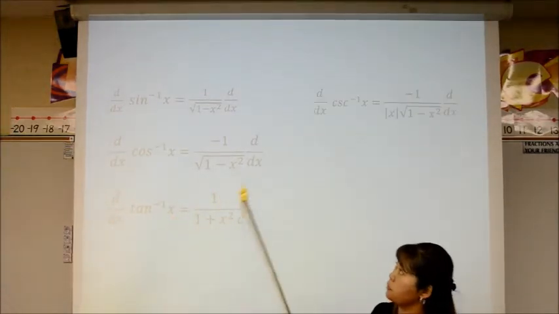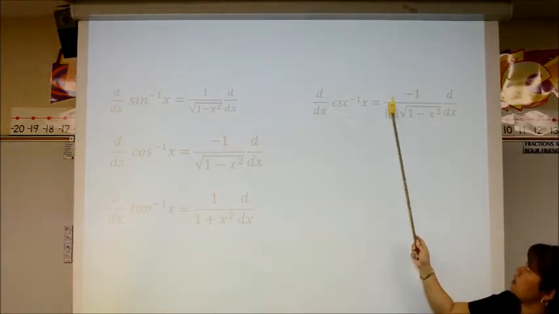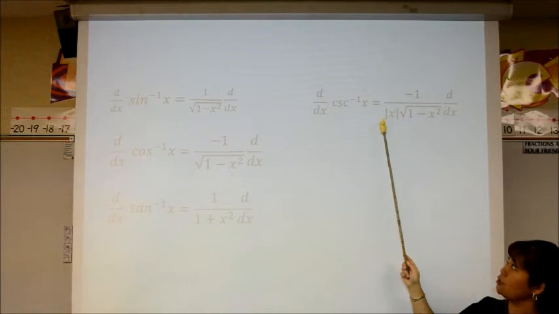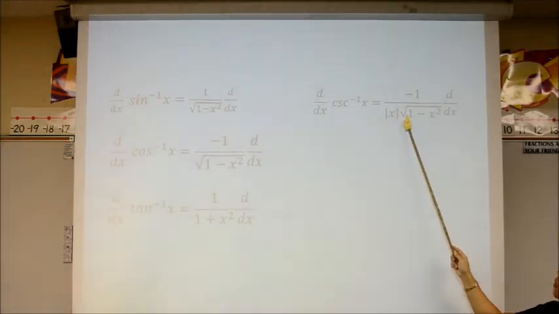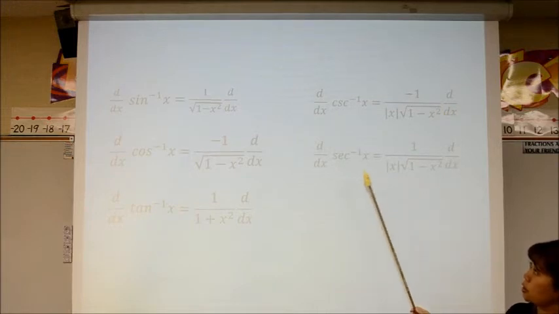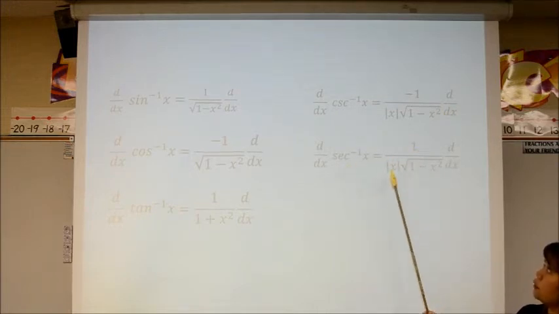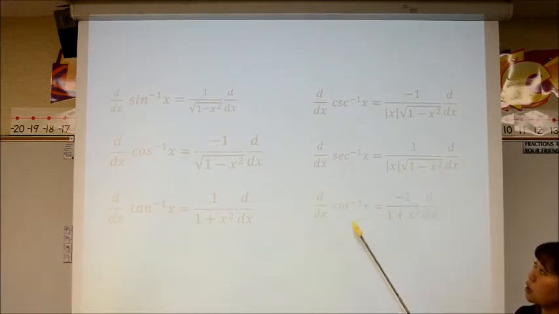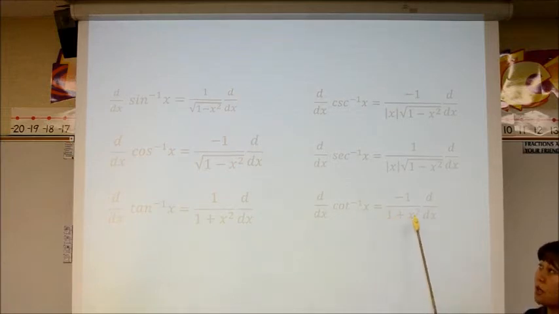The derivative of arccosecant is -1 all over the absolute value, so this is a little different, so pay attention to that one, times the square root of 1 minus x squared, times the derivative of x still. The arcsecant is 1 over the absolute value of x times the square root of 1 minus x squared, times the derivative of x. And then the arccotangent is -1 divided by 1 plus x squared, times the derivative of x.